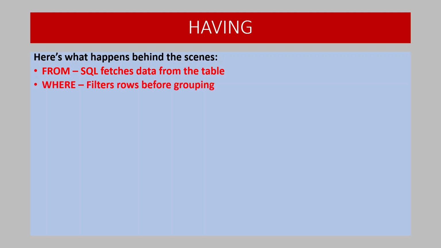Then the WHERE clause will be executed. If you have mentioned any filter in the WHERE clause, that will be executed, that is, it will filter the rows before grouping. Then the GROUP BY clause will be executed, that is, it will group whatever rows have been filtered. It will be grouped together based on the aggregated function.